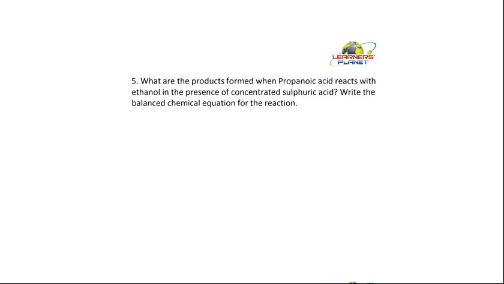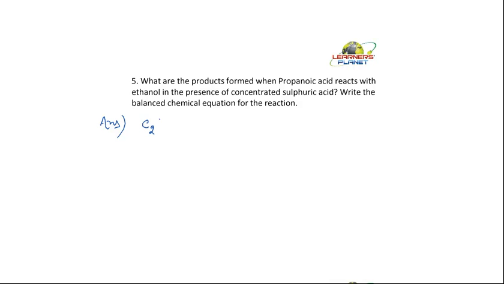Let's take up our next question. What are the products formed when propanoic acid reacts with ethanol in the presence of concentrated sulfuric acid? Right? So let's write the formula of propanoic acid. Propanoic, propane. How many carbon atoms? 3.